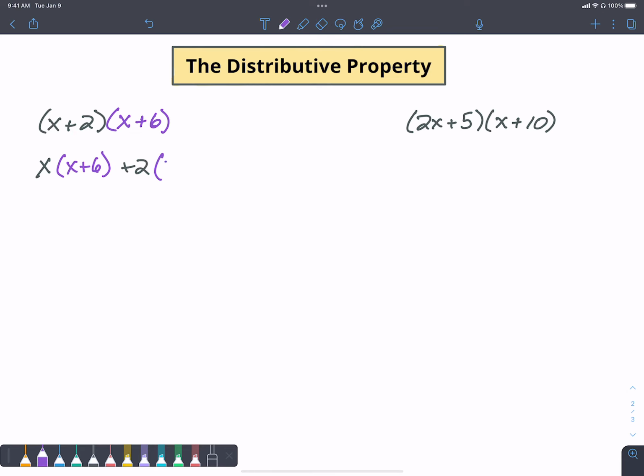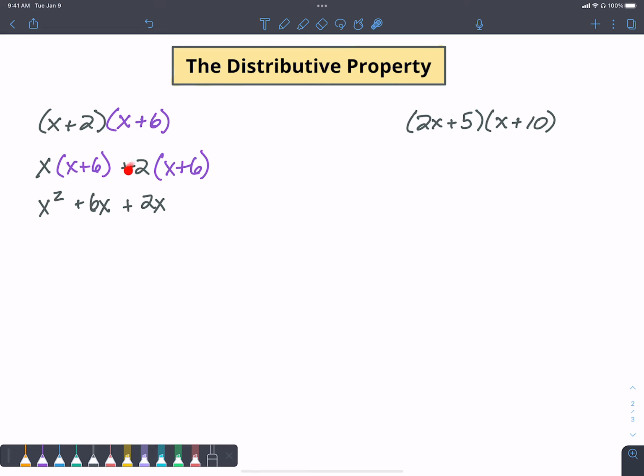times x plus 6. So when we multiply this inside for each one of these things, I'm going to have x times x, which is x squared. I'm going to have x times 6, which is 6x. I'm going to have positive 2 times x, which is positive 2x.